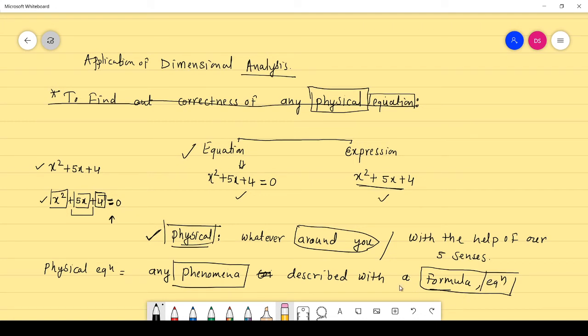So the equation which describes the physical phenomenon, that is a physical equation. Let me give one example.